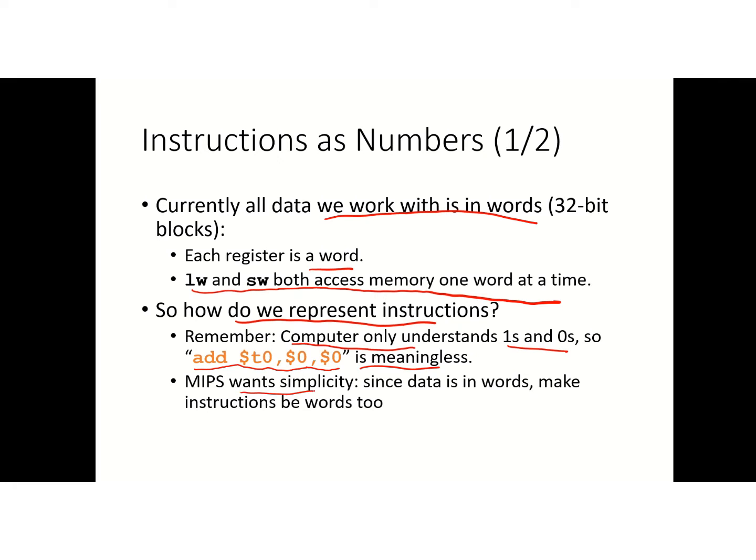MIPS wants simplicity. Since data is in words, the instructions will be in words too. The instruction is inside the program, so within the program we treat the code as instructions of one word.